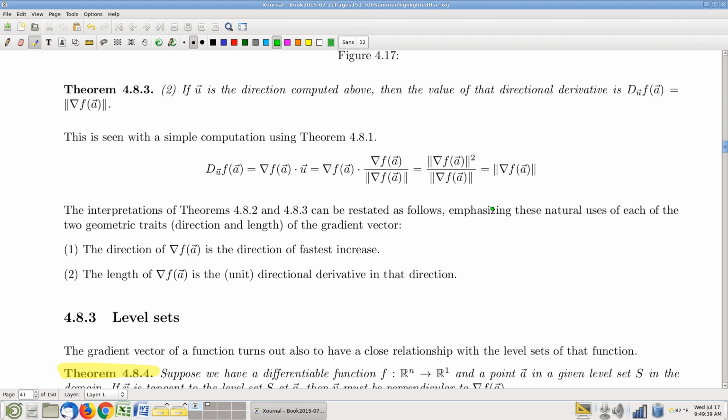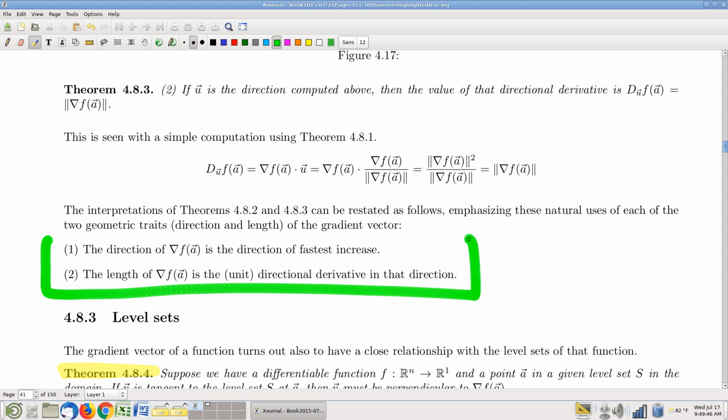So I like to summarize this by writing the answers to the two questions that we've just asked as statements about the geometric characteristics of the gradient. Here they are, the two geometric characterizations of the gradient. Direction and length. That's what a vector is, a direction and a magnitude. And both of these geometric features of the gradient are natural things.